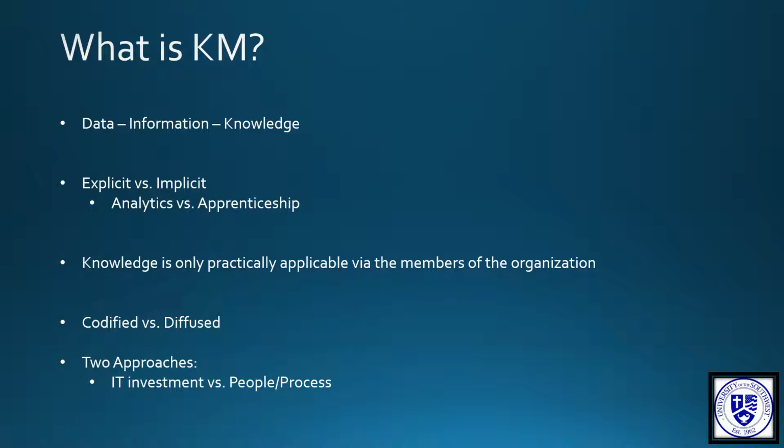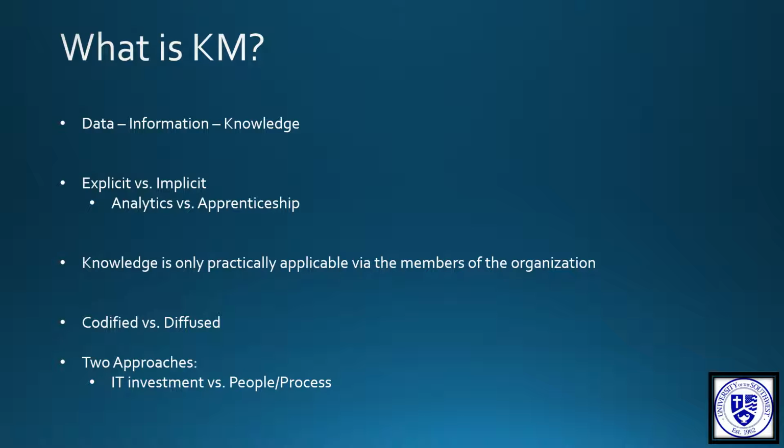And really there are two types of knowledge we commonly refer to within the organization: explicit knowledge that we can capture the benefit from, or implicit.